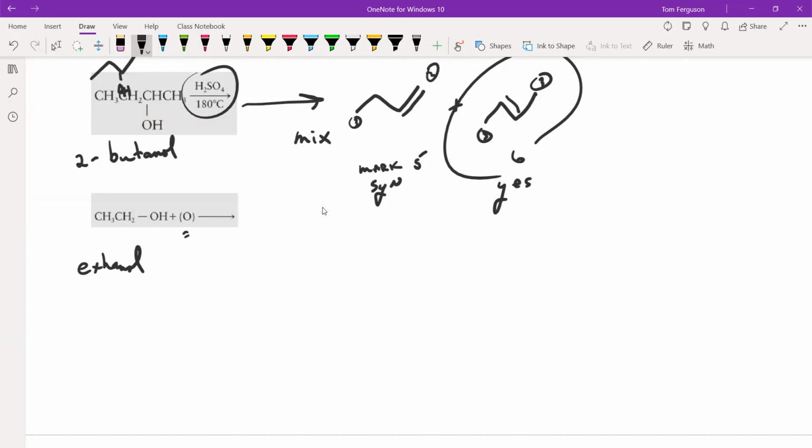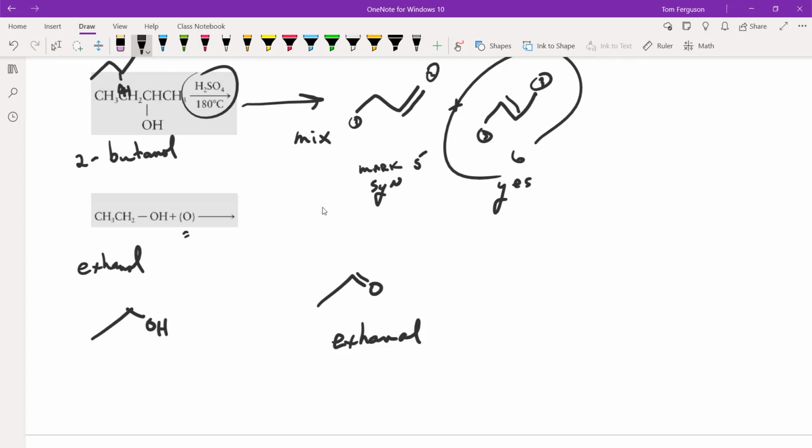Right, primary. So when primary alcohols are oxidized, we end up with the aldehyde. So this would be ethanal.